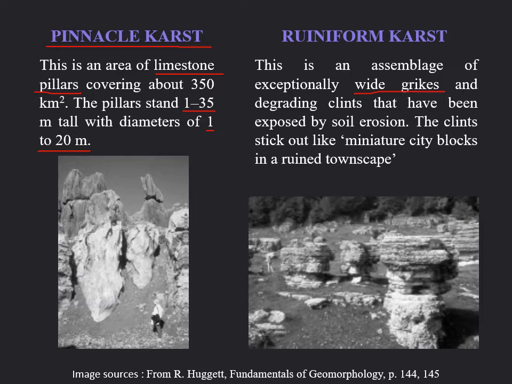So this looks like those ruined villages or ruined towns, and it occurs due to the intense weathering along the grikes, and due to that the grikes become very wide, and for that there exist some miniature blocks or city blocks like a ruined town. So these kinds of structures are known as ruiniform karst.